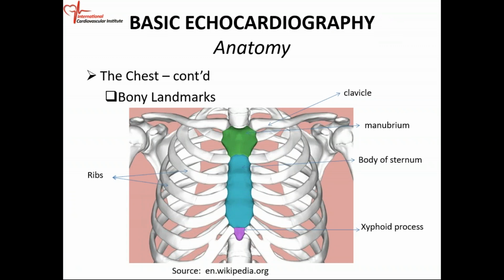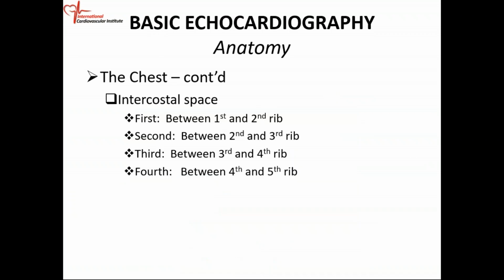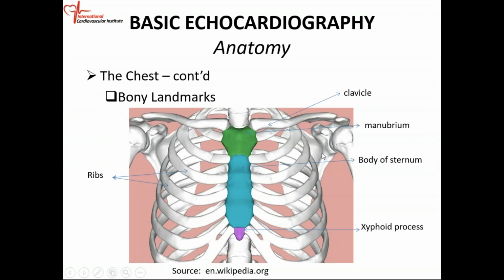The ribs are very important because we talk about intercostal spaces, like the fourth intercostal space and the fifth intercostal space. So you have to know how to count the intercostal spaces. Costal refers to the ribs, so the intercostal space is the space between the ribs.